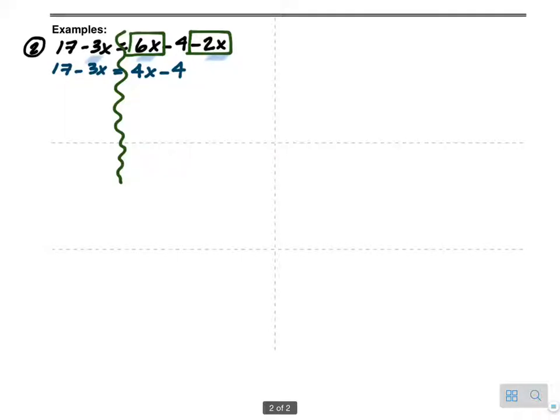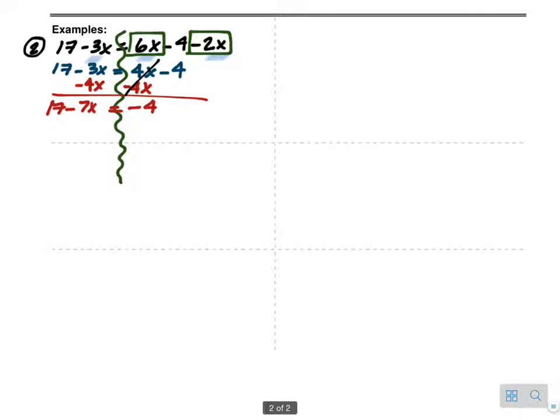So we've simplified, we've gone through the first step of making it easier on each side of the equation. Now we're going to go ahead and move the x term onto the left-hand side. So we're going to subtract 4x from both sides and find out that they cancel on the right, leaving us with 17 minus 7x is equal to negative 4.